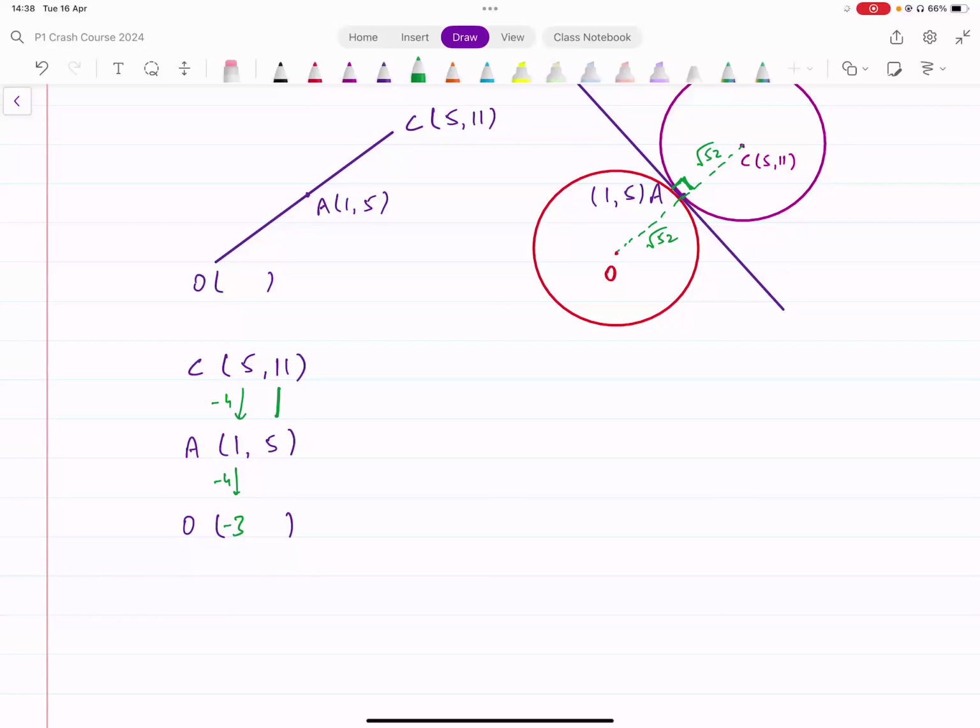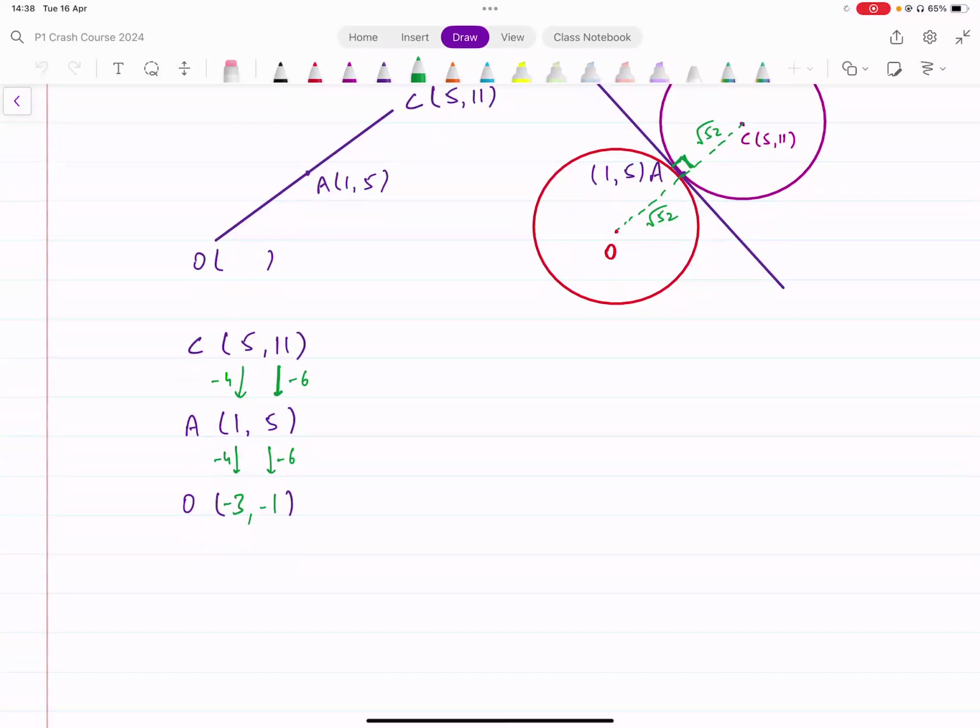How do you go from 11 to 5? You have to subtract 6. So that's -6. You do -6 more. 5 minus 6, that gives you -1. These are going to be the coordinates of the center of the second circle. Okay. -3 and -1. So this point, therefore, is -3 and -1. That's the center of the other circle.